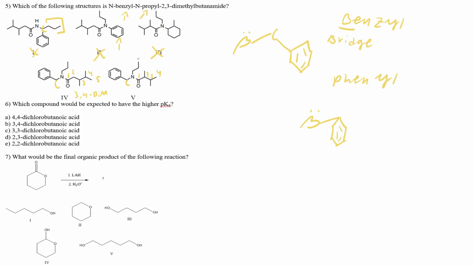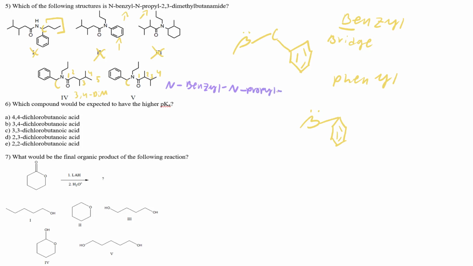And right here, if you want to name it out alphabetically, first of all, we have something on the N, so we say N. Alphabetically, B comes before P, so we're going to call it benzyl. And then we have something else on the N, on the amide. So we're going to put another one. So we have N, propyl.